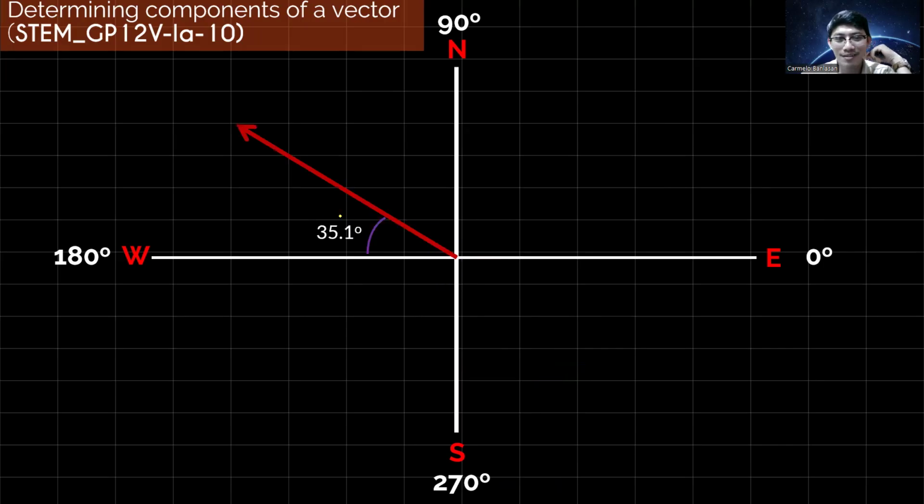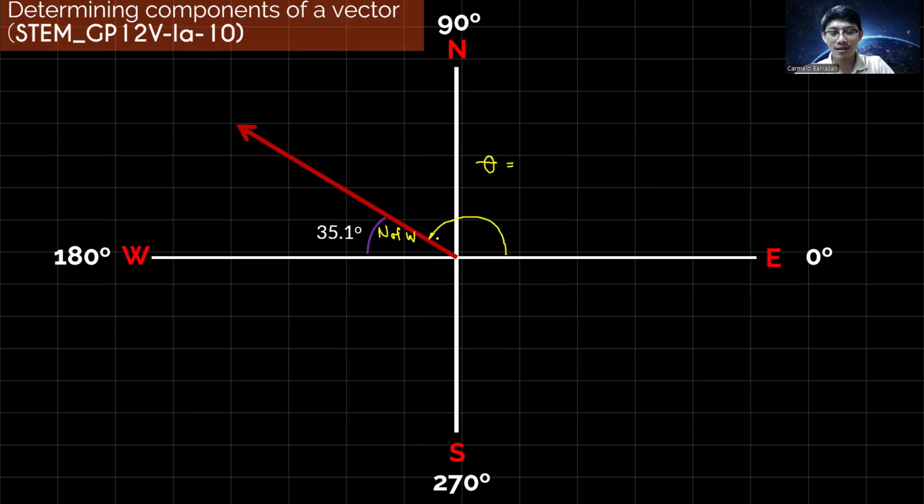Okay, another example. This one. If this is 35.1 degrees, of course, we know this is north of west, right? North of west, because that's coming from the west going to the north. But again, when we solve later on in vector addition, we are going to use standard angle. So therefore, our angle is from 0, we know this is 90. What do you think the angle is?